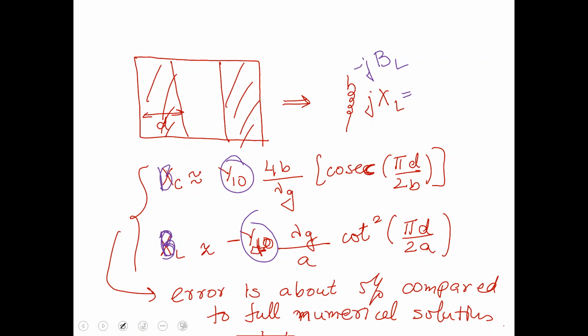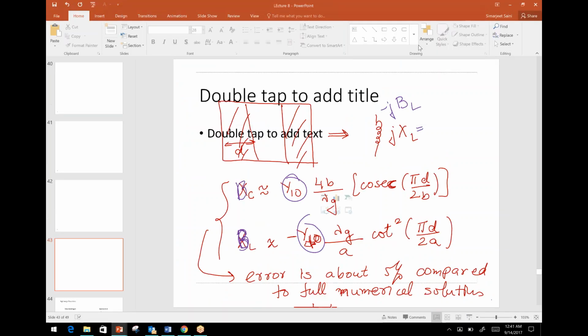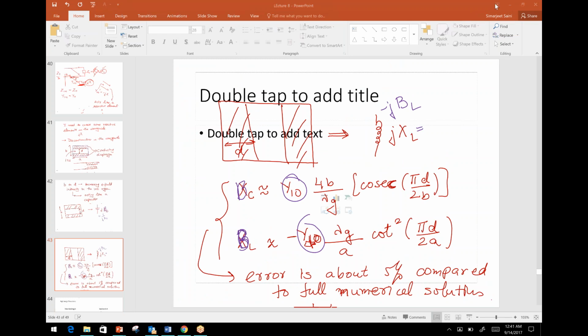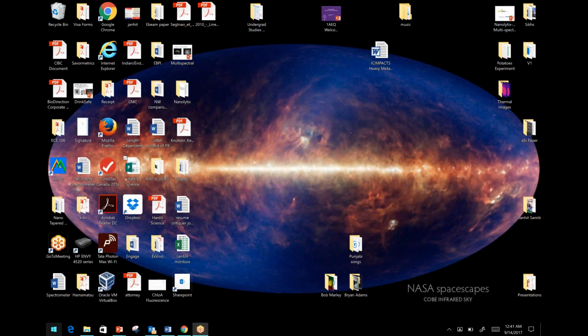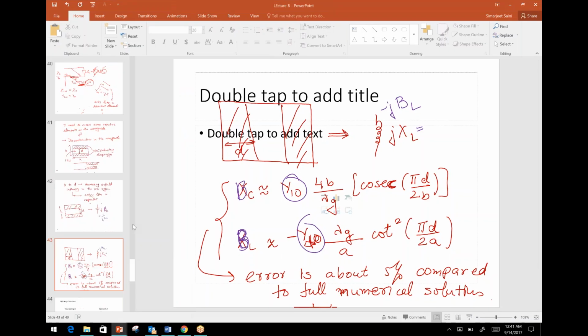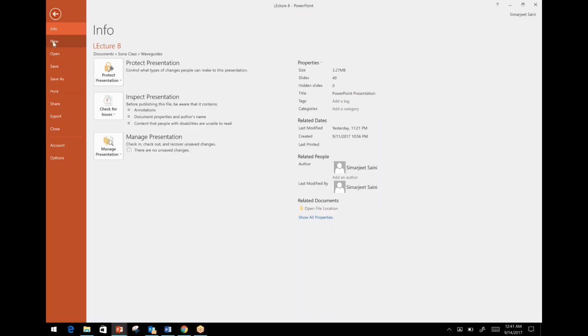Right. Any other question? Regarding problems, we need more problems on waveguide.